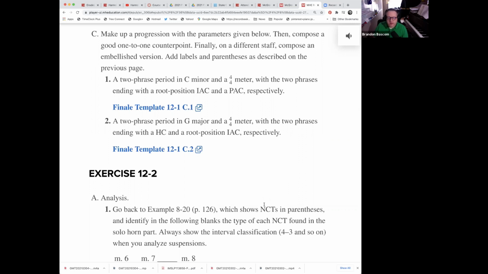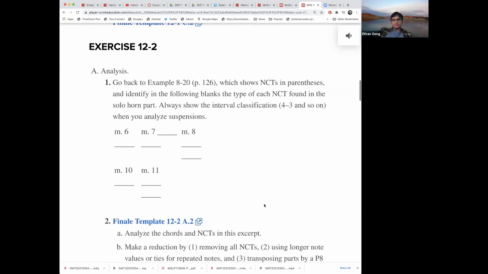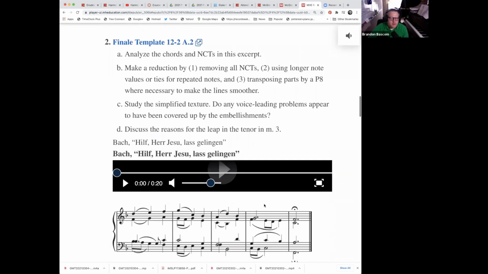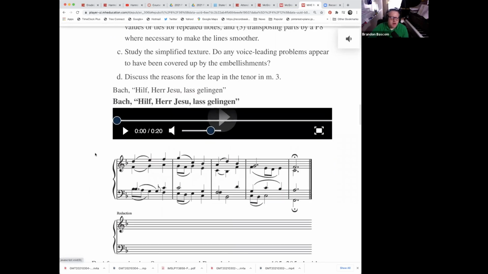So I'm going to scrap C on page 92. Is that all right? No one's offended? All right. Next is exercise 12-2. So we're analyzing this piece by Bach. Did we do this yet? Exercise 12-2, A2.